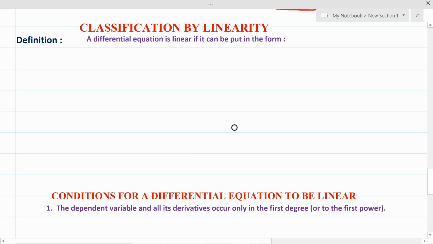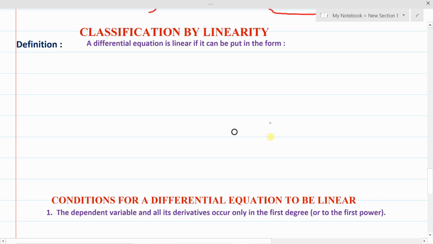Classification by order and degree had some way of identifying them. But classification by linearity is a different thing altogether, and this is where the problem comes, because there is a different format that you are going to use to understand it.